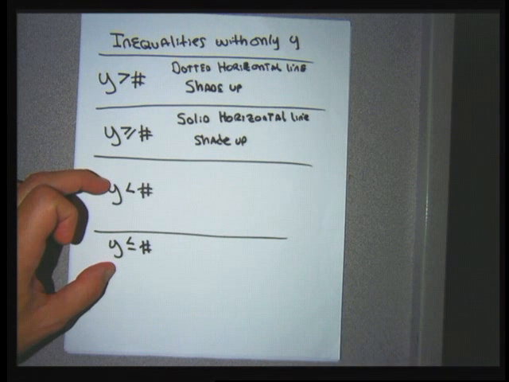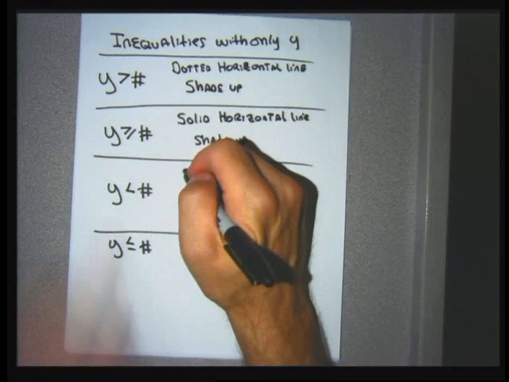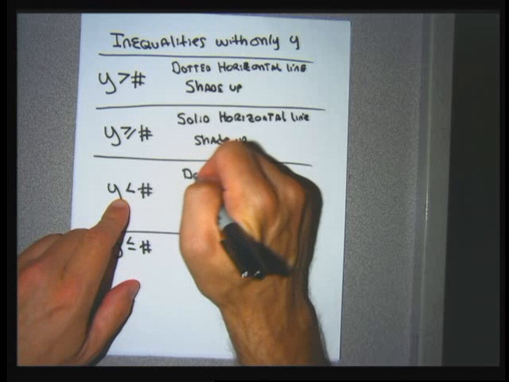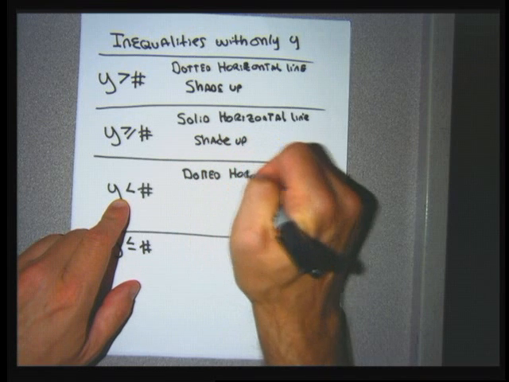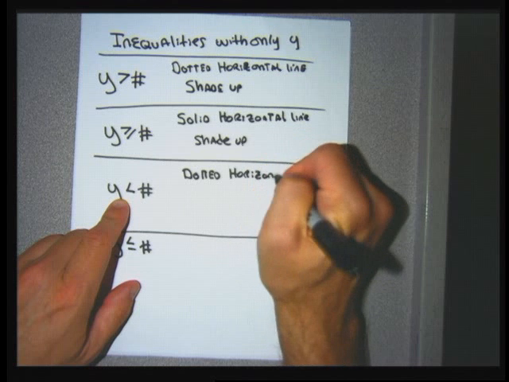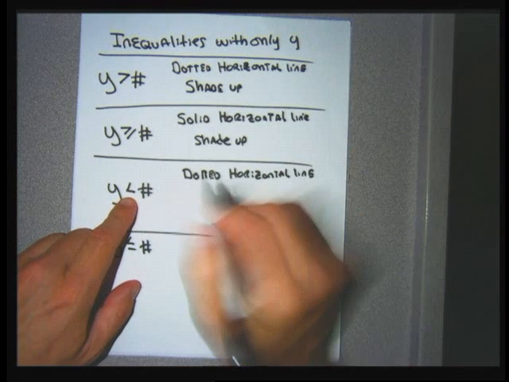And then for the solid and the dotted, in this top version that doesn't have the or equal to, I'm going to draw a dotted horizontal line. Because I don't see the or equal to.